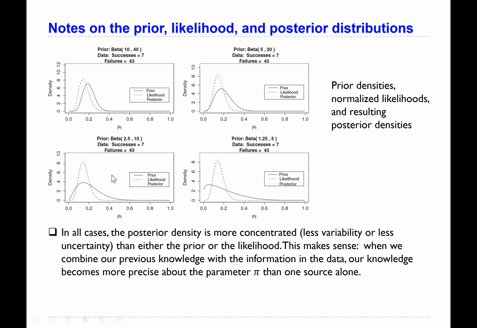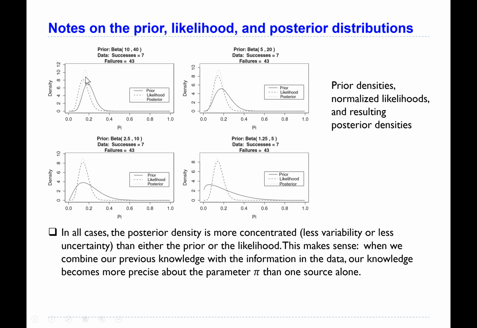In all these cases, you will find the posterior density is more concentrated compared to the prior and likelihood. This one has less variability compared to these two. The same thing here. Why?